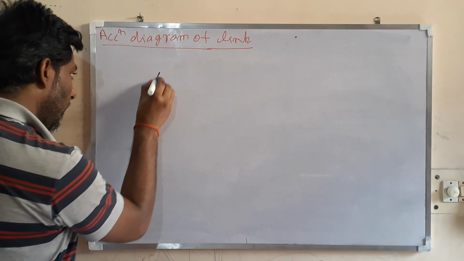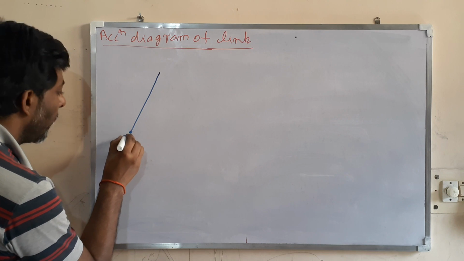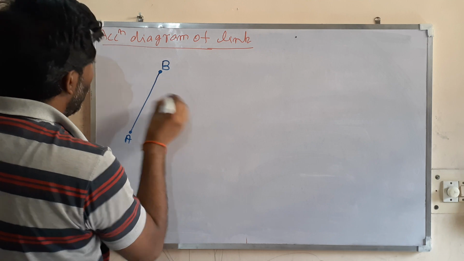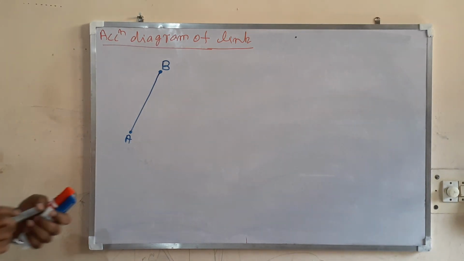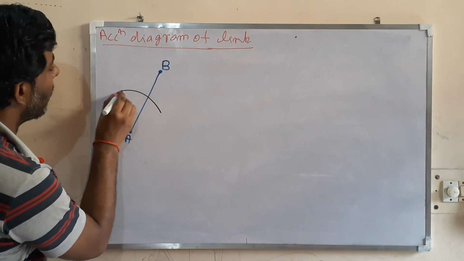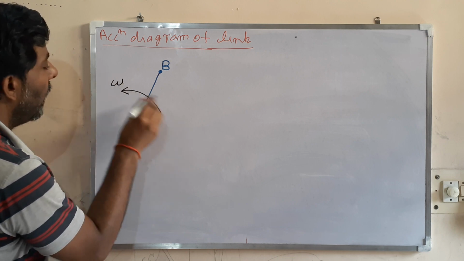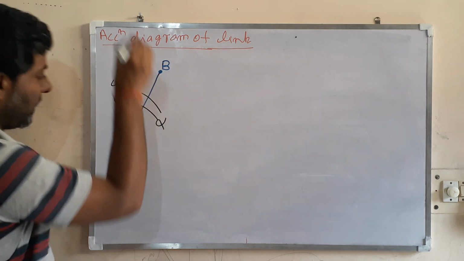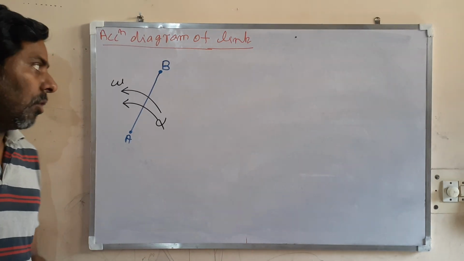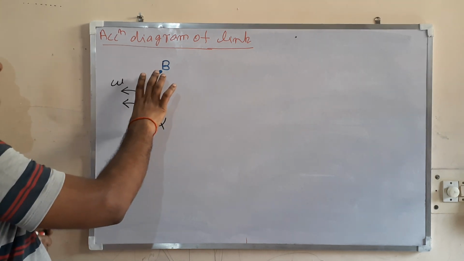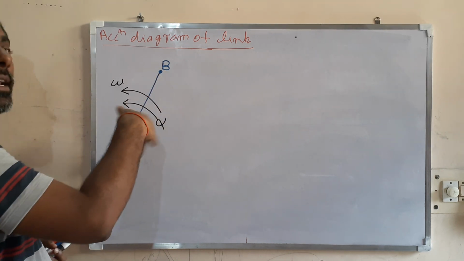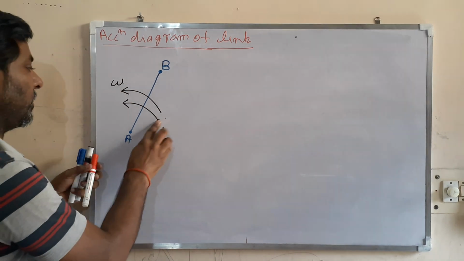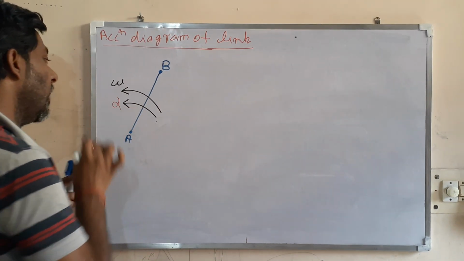Suppose this is any link AB which is rotating with an angular velocity omega, and that is also associated with an angular acceleration alpha.